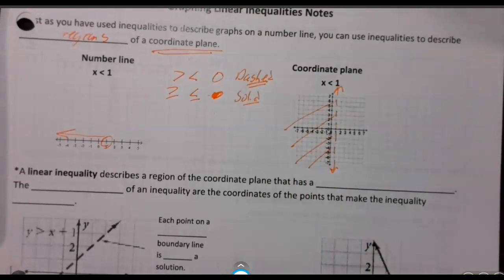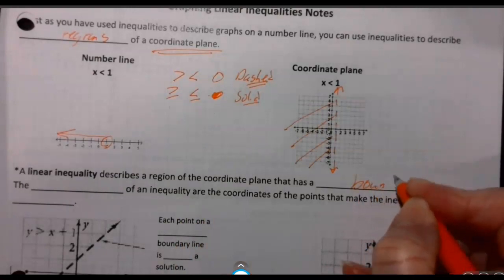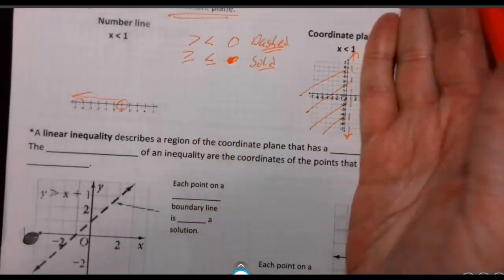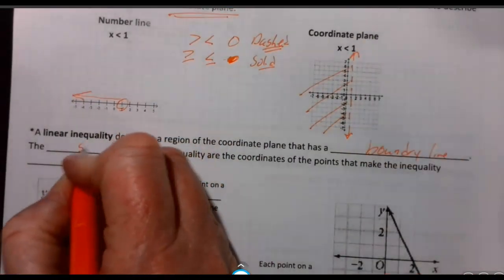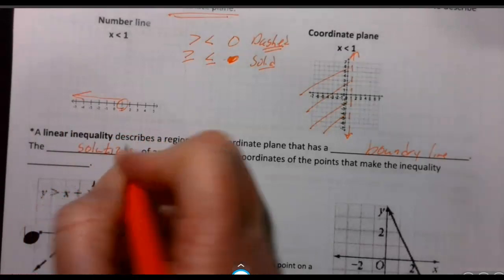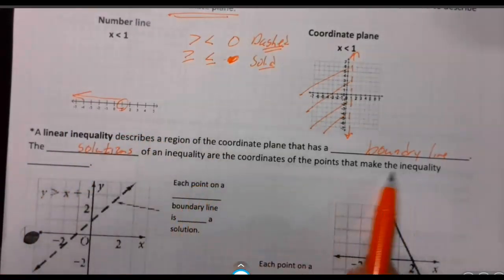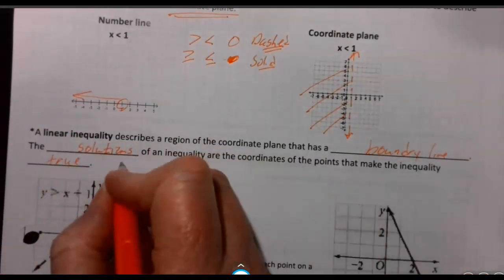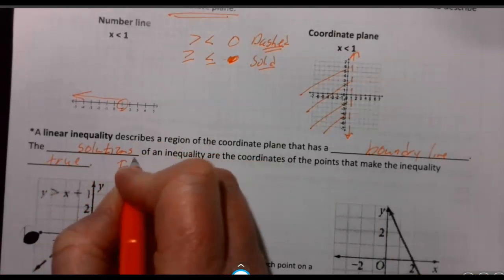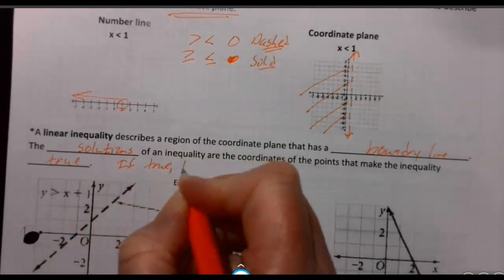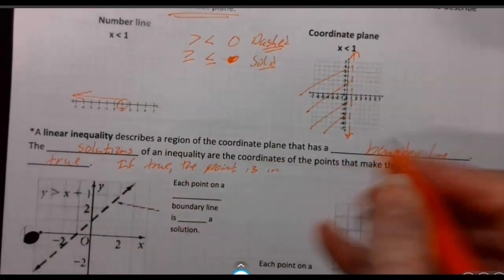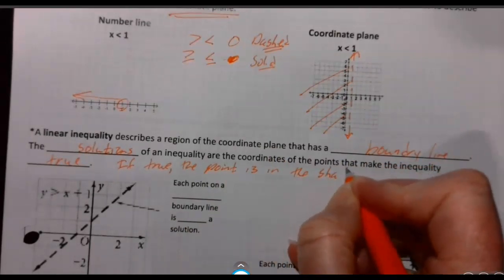A linear inequality describes a region of the coordinate plane that has a boundary line. So now it's going to actually be a line that divides it. The solutions of an inequality are the coordinates of the points that make the inequality true. If true, the point is in the shaded area.